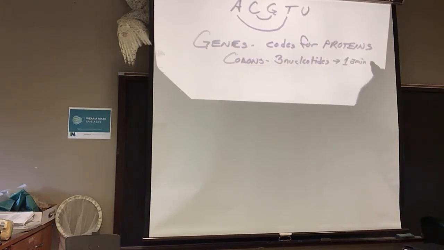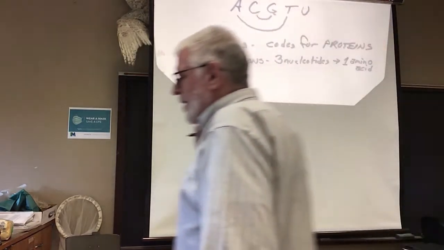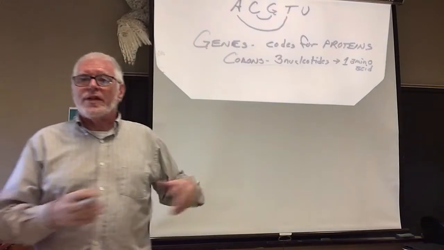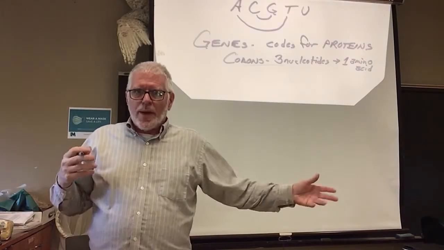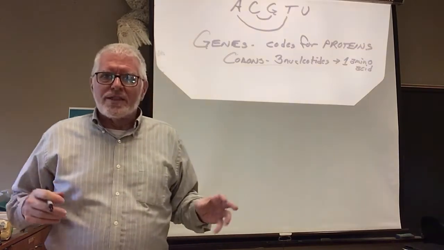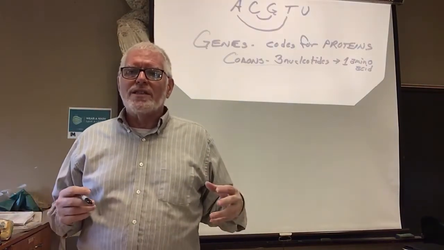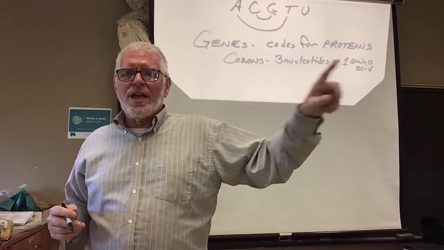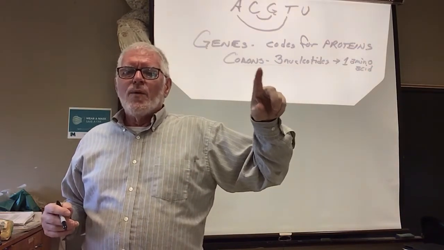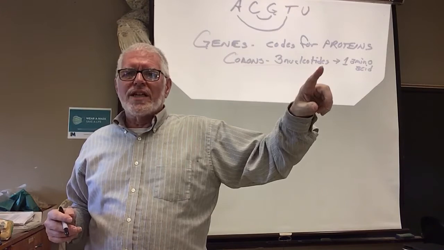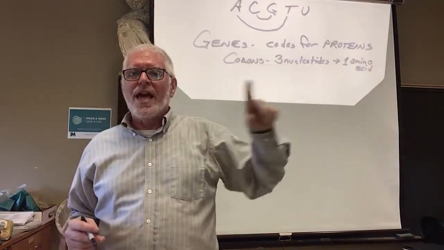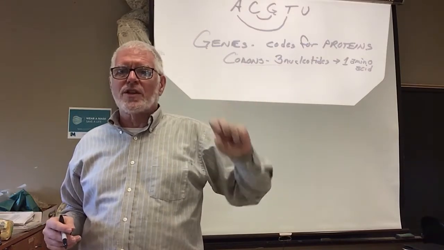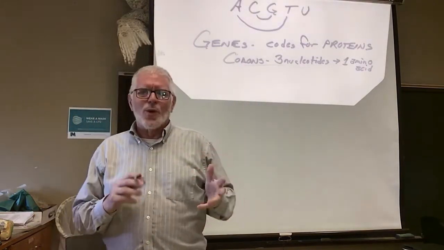Let me see if I can fit this in here. A protein is a long string of amino acids. Remember, that's the primary structure. It's the order of the amino acids. It's a long sequence. A gene is a really long sequence, but it's much longer than the protein sequence because it's a 3-to-1 ratio. When you're reading a gene, every 3 nucleotides is going to be used to put 1 amino acid on the protein string. And that 3 nucleotide sequence is called a codon, sort of.